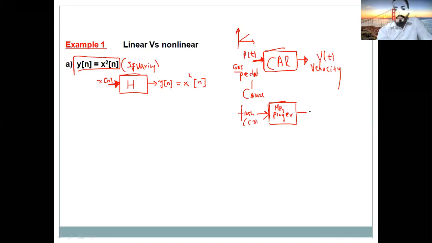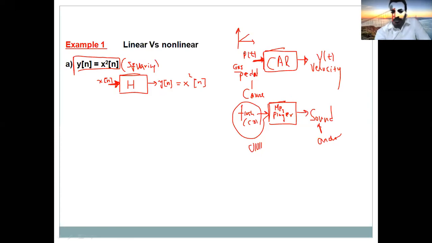It generates sound, right? So when you play an audio file from your flash, this MP3 player or stereo device takes as input what the CD or flash stores: 0s and 1s, digital. What type of output does the MP3 player generate? Sound, which is analog. After processing this stored binary data in the flash or the CD, it plays the sound.